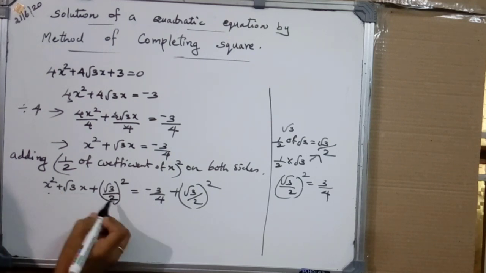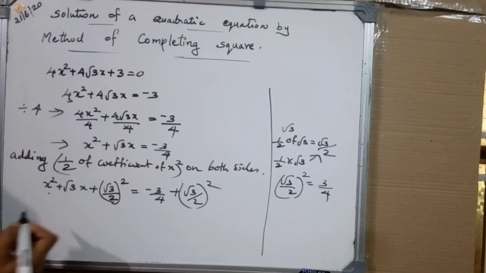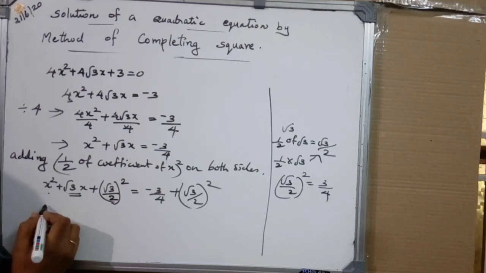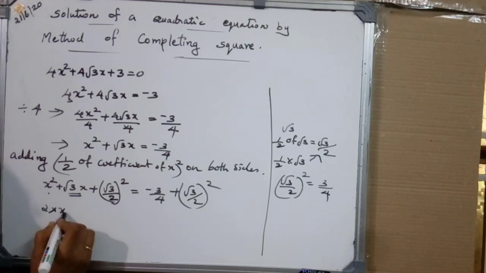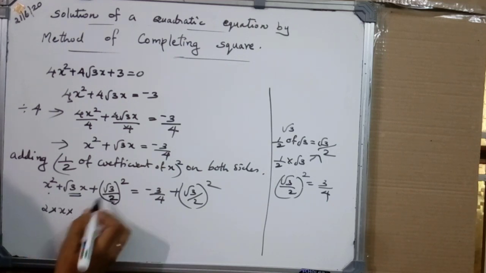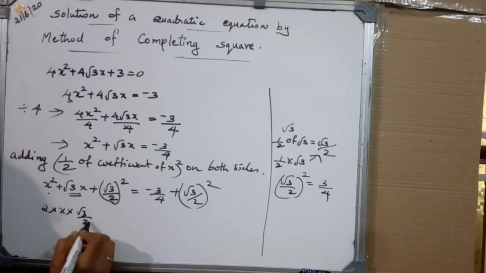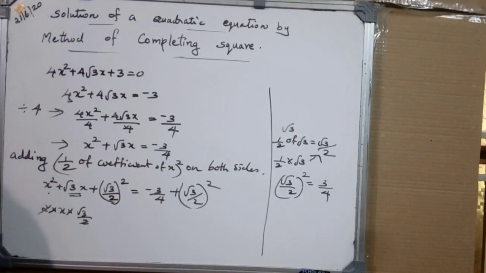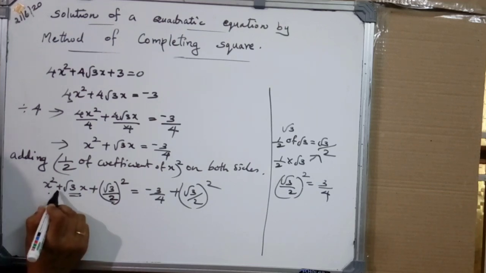Now this is a and this is b. Then now check the middle term whether it is in the form 2ab. Let us say 2 into x into b. b is root 3 by 2. 2 getting cancelled. Yes, it is the middle term, 2ab term.